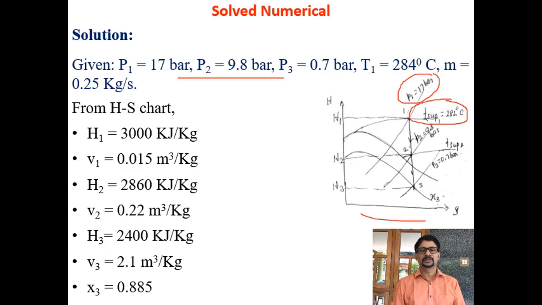Where this 17 bar line and 284 degrees Celsius line intersect, you mark that point as 1, and note the corresponding enthalpy as H1, which is around 3000 kilojoules per kg. Also note down the specific volume at this point, which is 0.015 meter cube per kg.